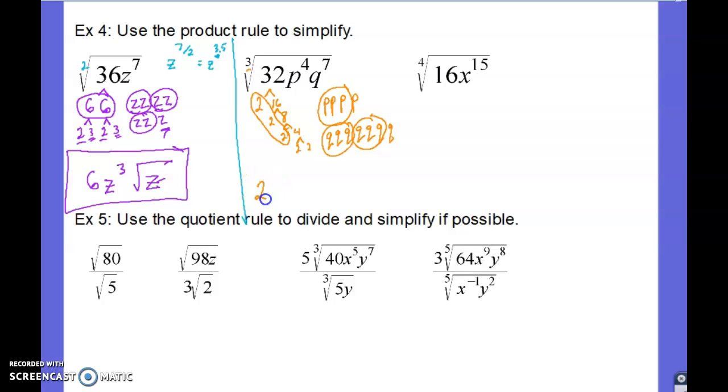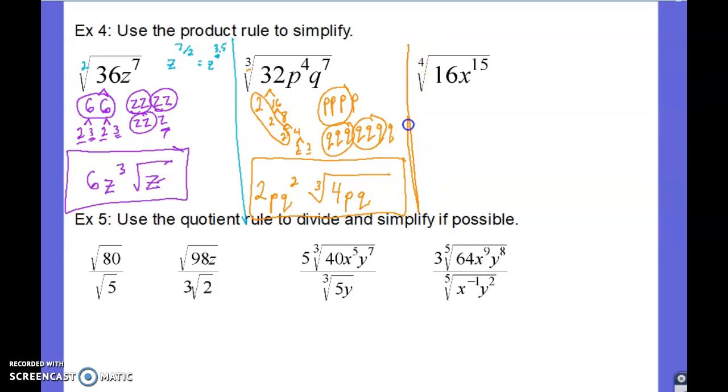So what's my answer? I have 2, 1 P, I have 2 groups of Q's, and then under the radical is the cube root of 2 times 2, because that was not a group of 3, so that's 4. I had 1 P left over and 1 Q left over, and this is your answer.